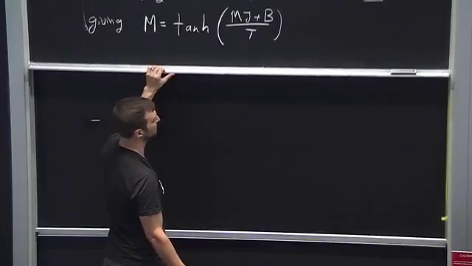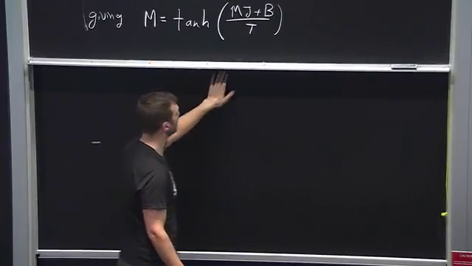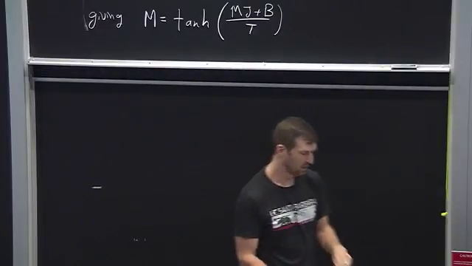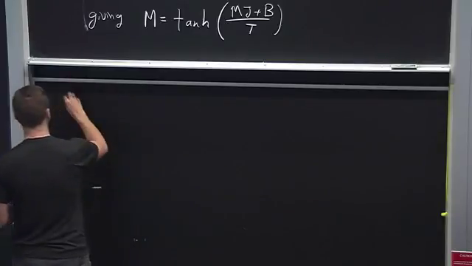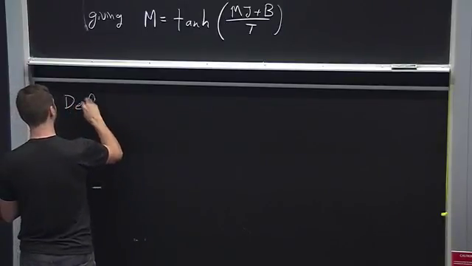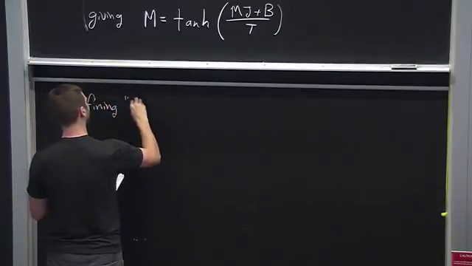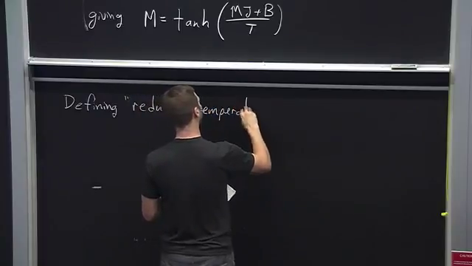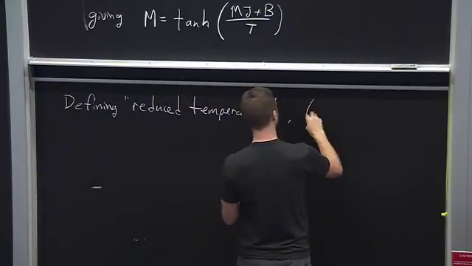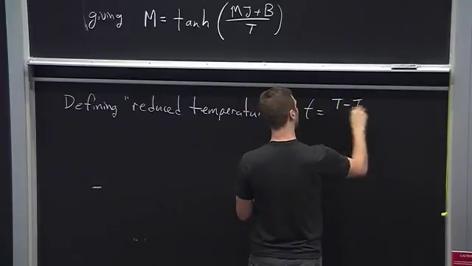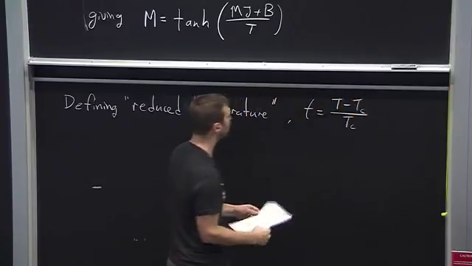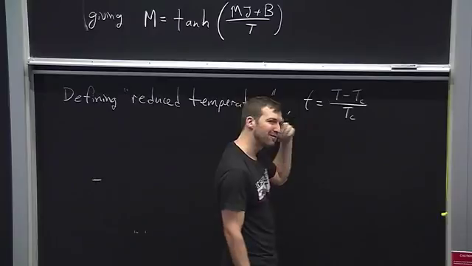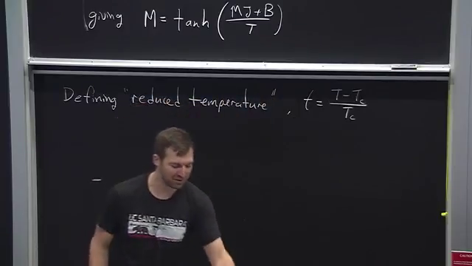So we defined some critical exponents, and we calculated 2 last time. So let me define this reduced temperature. Tc is just some constant. It's non-universal, which means it depends on the UV physics, if you want to say it like that.